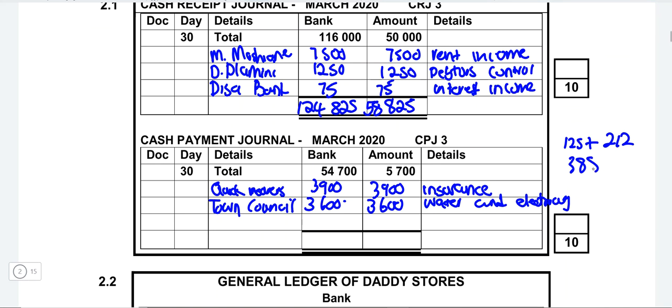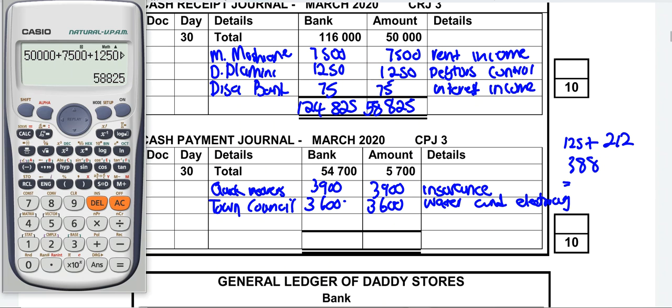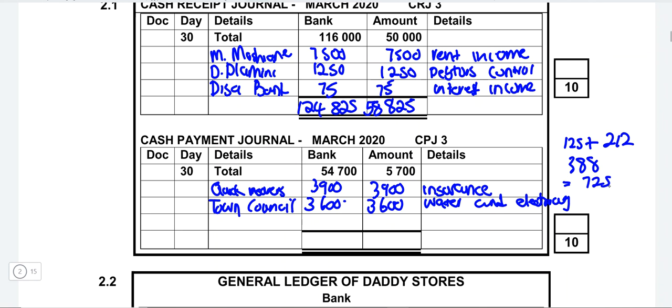Okay, so all these items will give us our bank charges. So let's say 125 plus 212, and then also plus 388. It is giving us 725. So we'd have that 725 as bank charges.